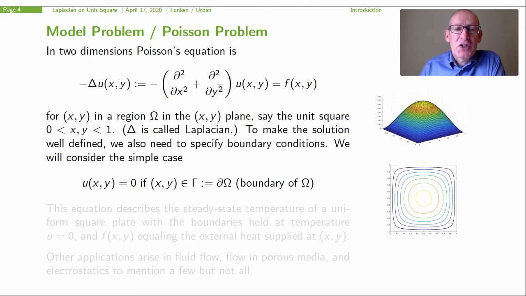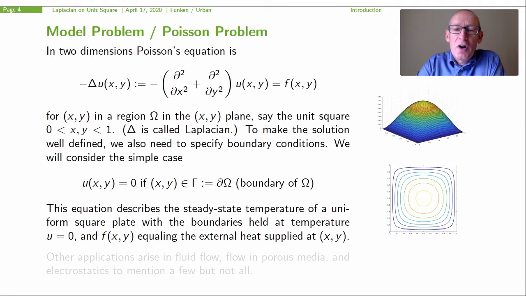In our situation, we assume homogeneous Dirichlet boundary condition. That means that the value of the unknown function is given on the boundary, and homogeneous means that it's equal to 0.